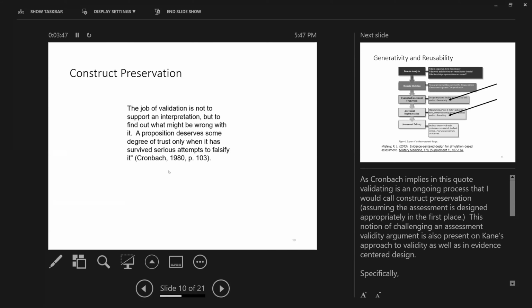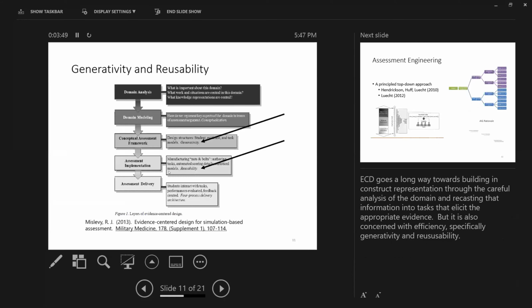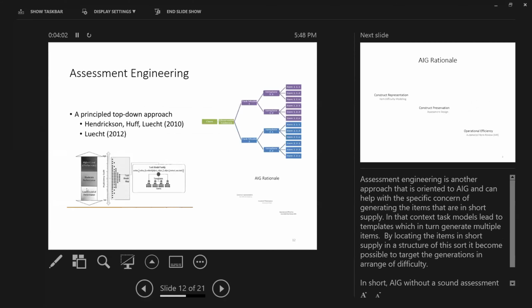So one way to avoid that is with AIG, but it's an AIG informed by different approaches to assessment design, like ECD, like also assessment engineering, which Rick mentioned, also Mark Wilson's BEAR framework.